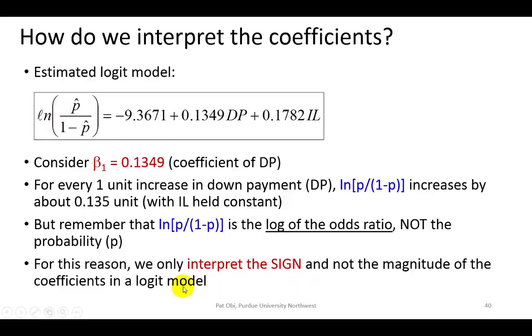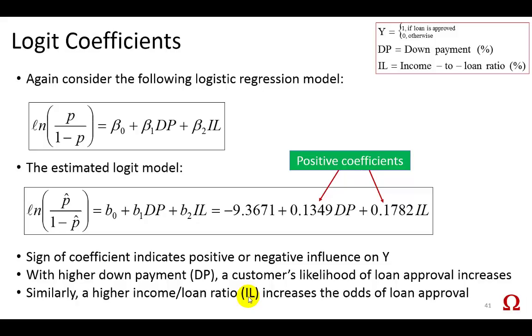And this is why, as I note here, we must be careful to only interpret the sign and not the magnitude of the coefficients when we run logit regression model. So then, where do we go from here?